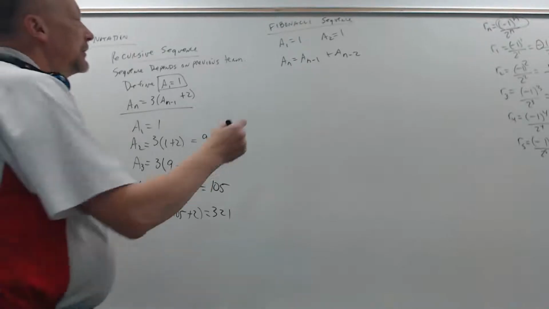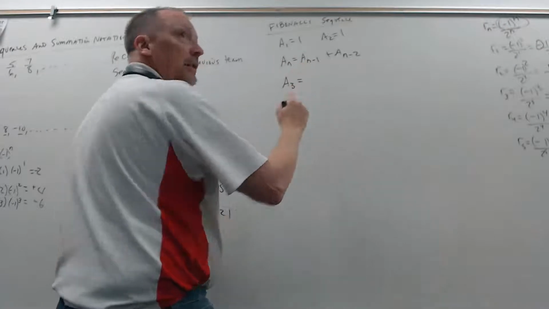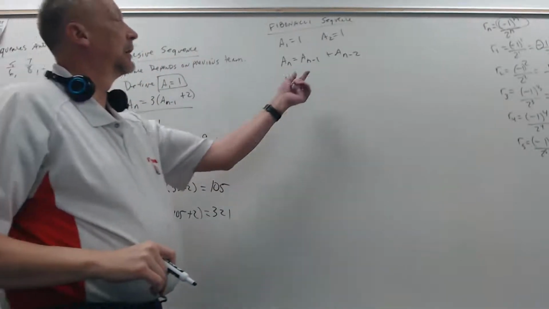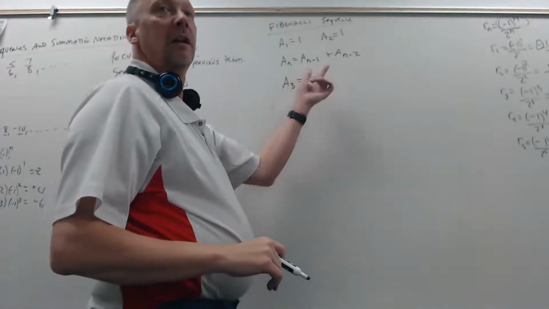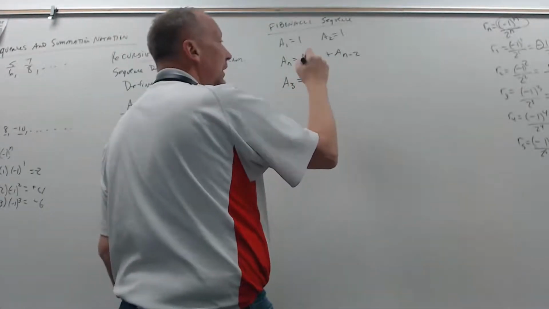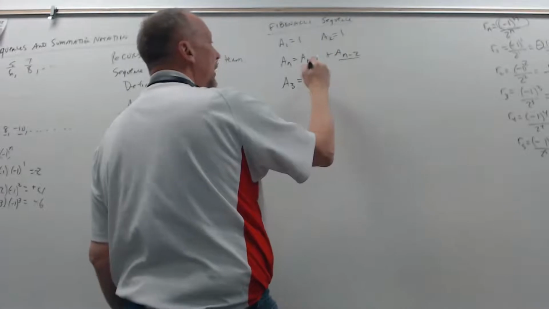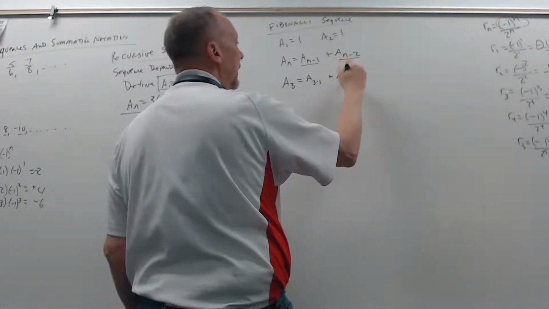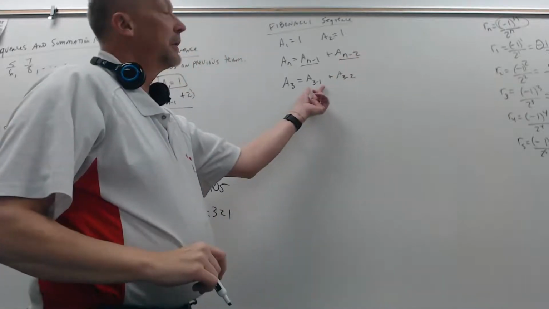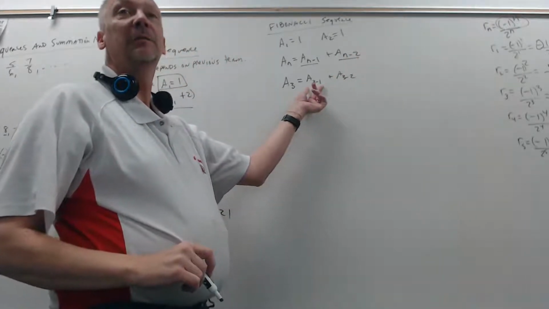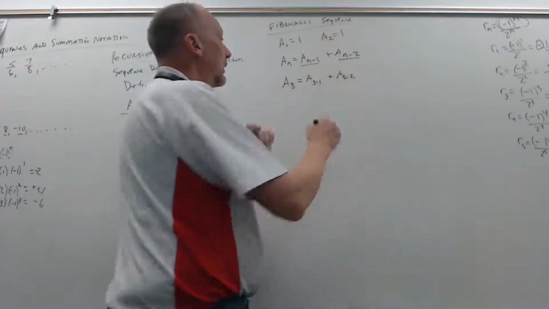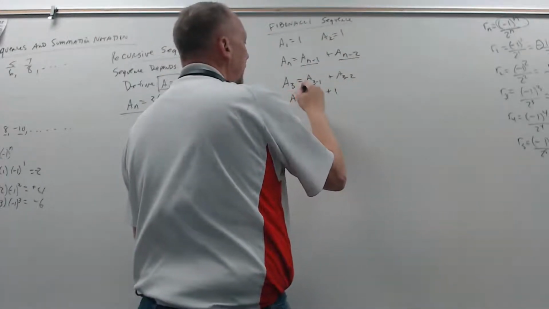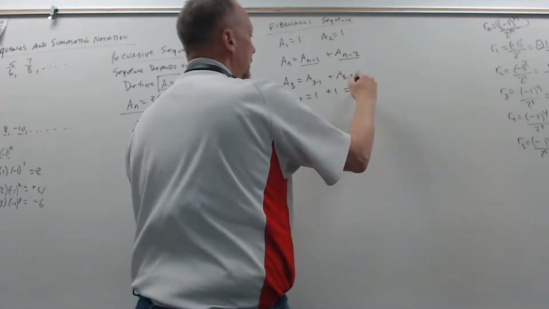So a sub 3 in this case would equal what, Bailey? One way to think of it, if this notation bothers you, is a sub 3 minus 1 plus a sub 3 minus 2. This is a sub 2 plus a sub 1. What's a sub 2? It's 1. What's a sub 1? 1. So a sub 3 equals 2.